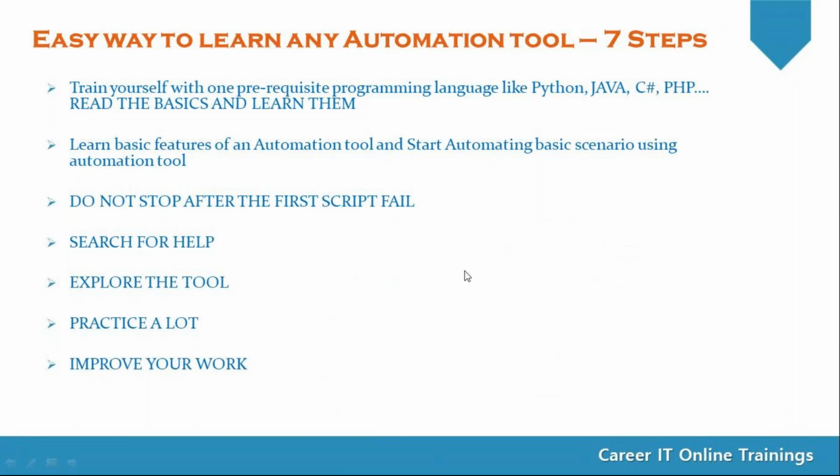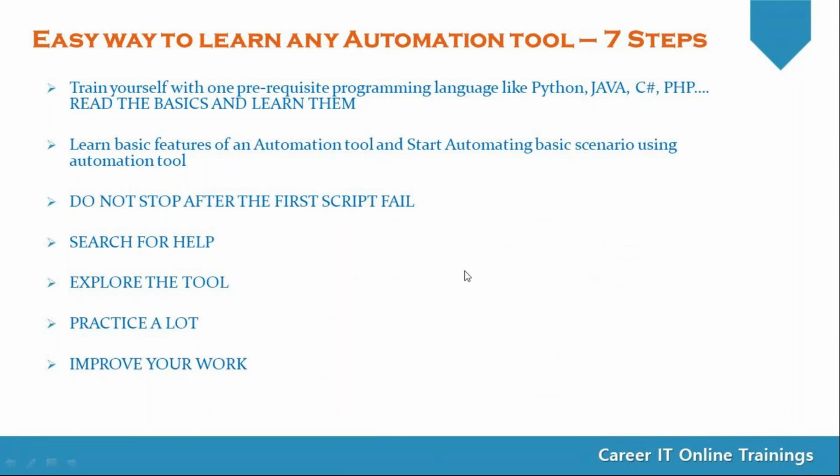If you are good at any one of these languages, you can start using Selenium with that language. So before learning any automation tool, first identify the prerequisite, that is the supported programming language, and start learning the basics of that programming language in the first step.